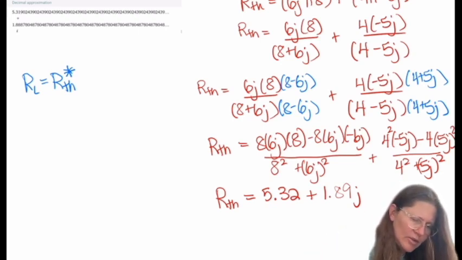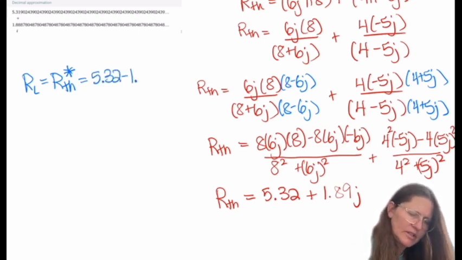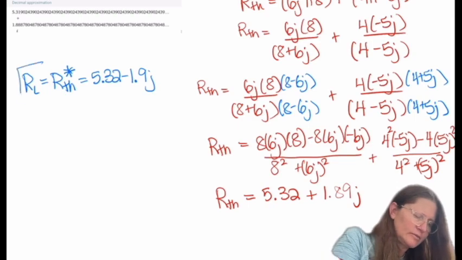And so this is going to be 5.32 minus a 1.89 or 1.9J. So that will be your RL value.